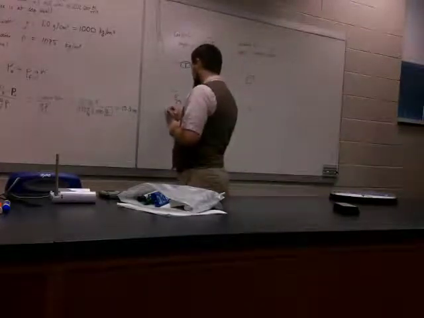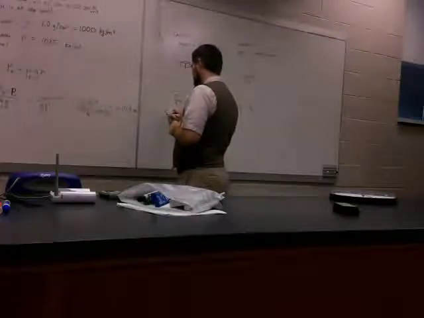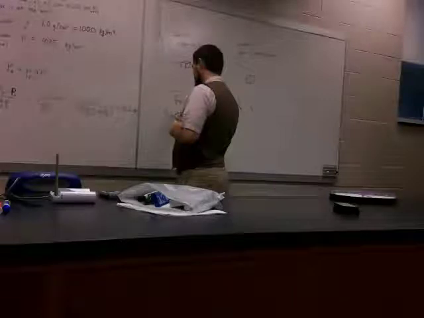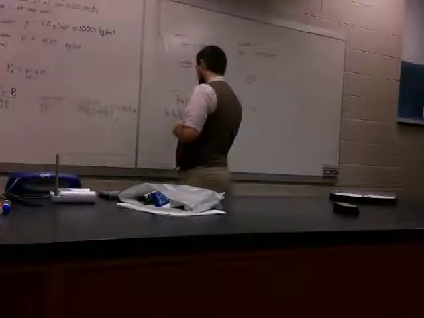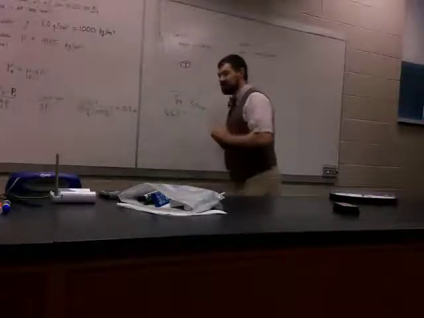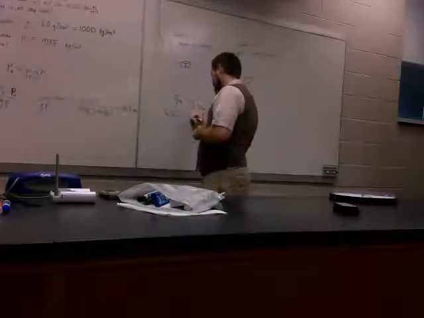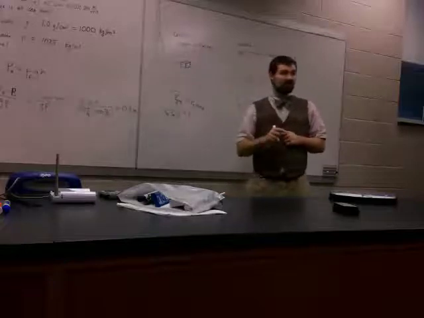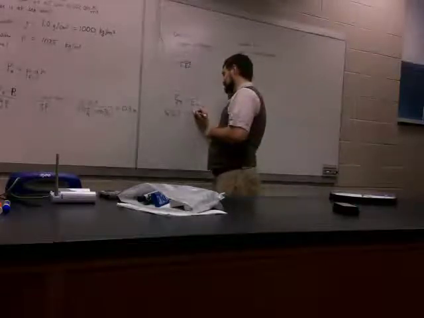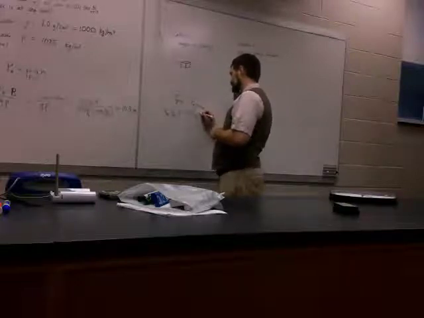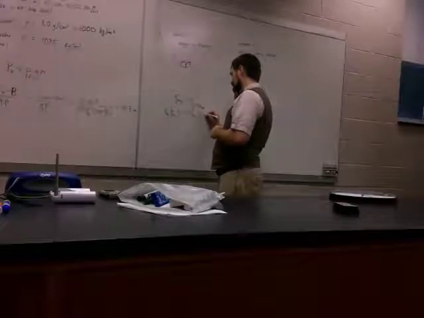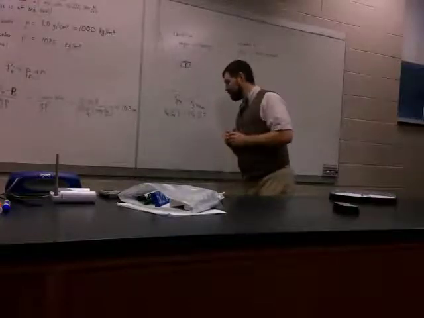This means that volume of the object times density of the object times g must be equal to the volume of the water displaced, which is just another way of saying the fraction of the object which is immersed in the water times the volume of the object times the density of the fluid times g.